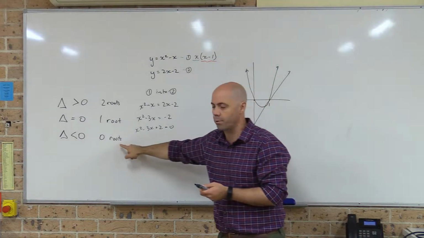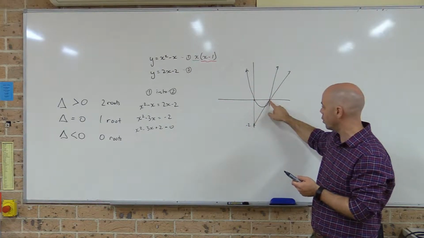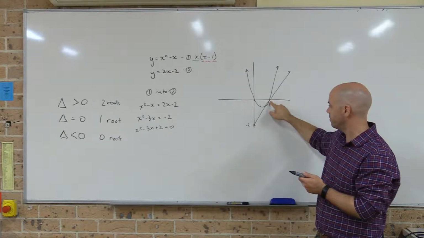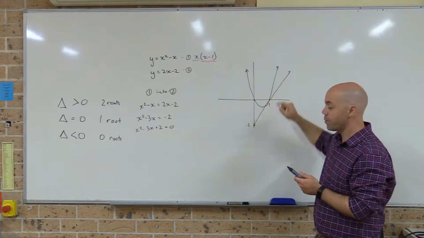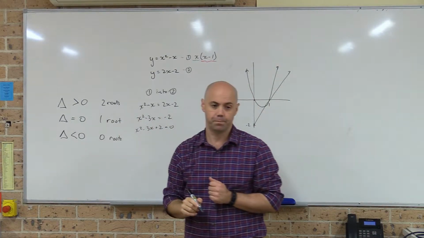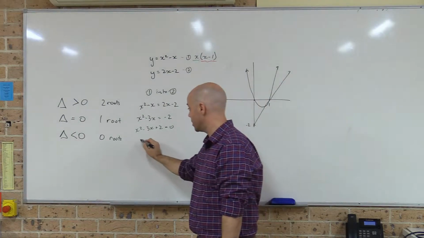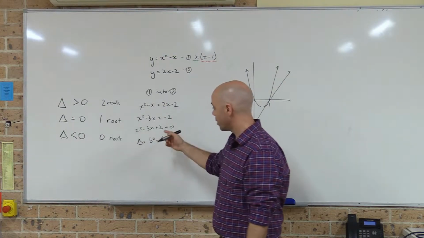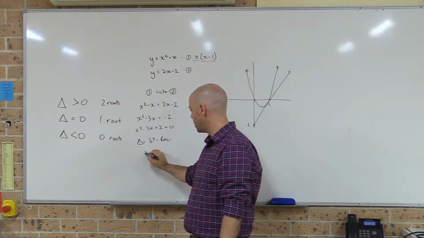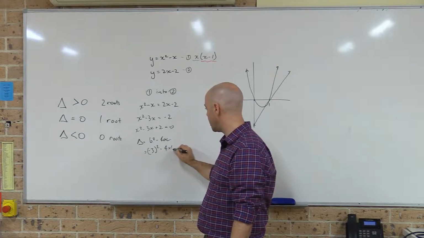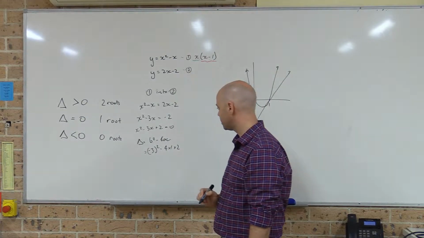It's not going to be 0 roots, because I know that both of those lines go through 1, 0. So I know it's going to be at least 1, but it may be 2. So let's see, what's our discriminant? Discriminant equals b squared minus 4ac. What is b? It's negative 3. So negative 3 squared minus 4 times 1 times 2.